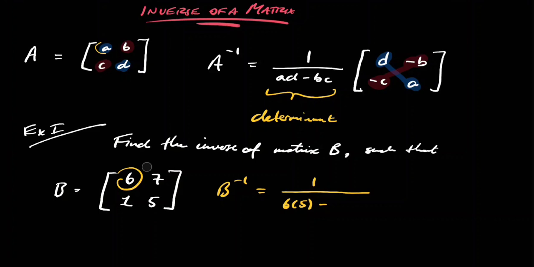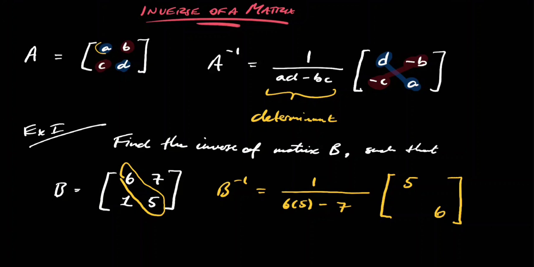7 times 1, which is 7, and then we're going to switch the numbers around to help us find the inverse. So we are going to switch the positions of 6 and 5. So 5 will end up in the top left and 6 will be in the bottom right.